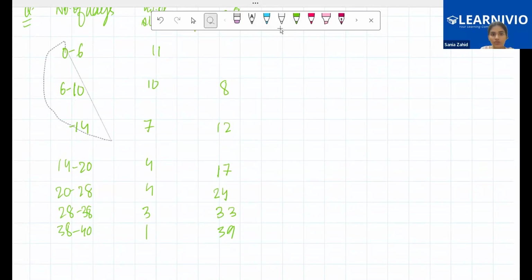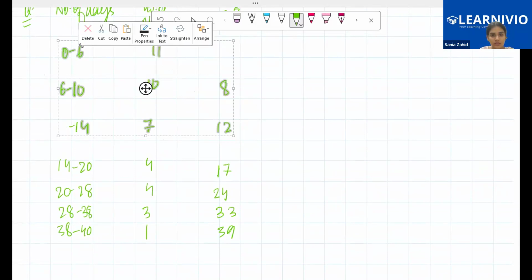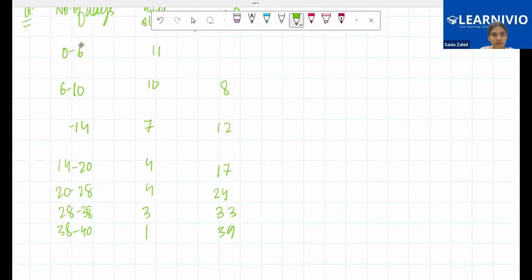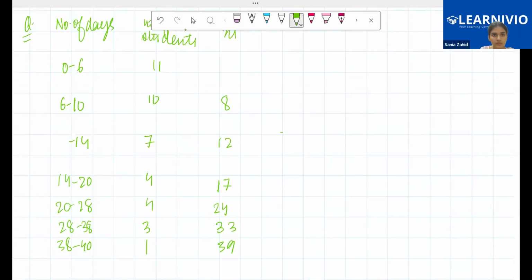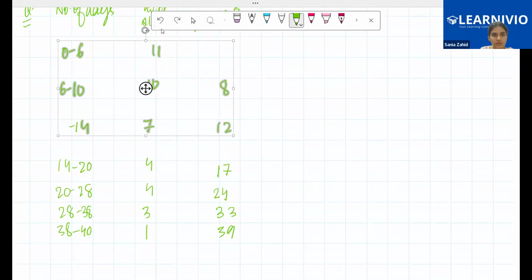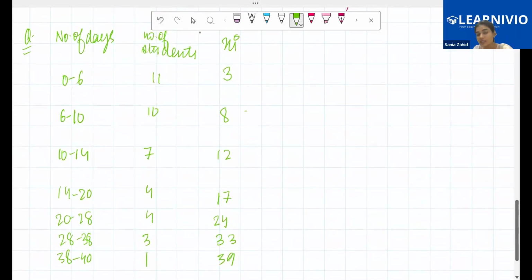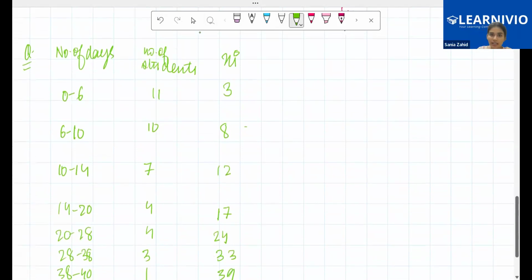Yeah, so after this, once you find the xi, you first assume any one of them as the mean, and then you find the di, the deviation.